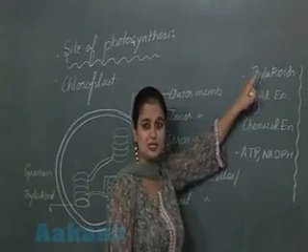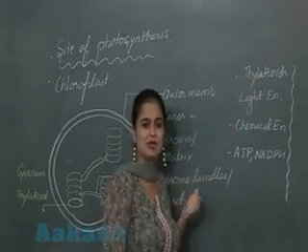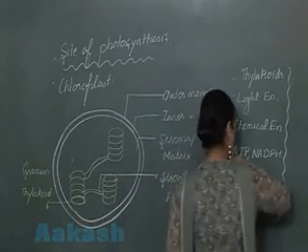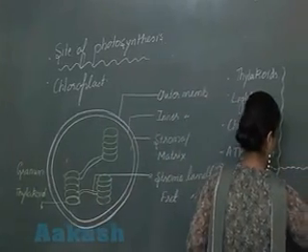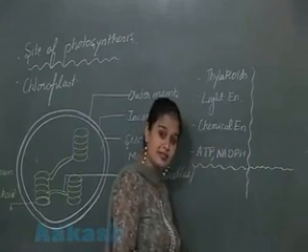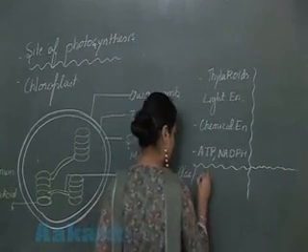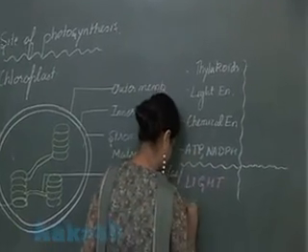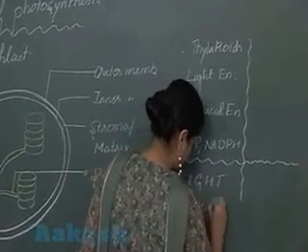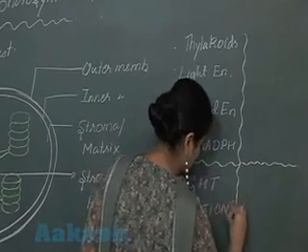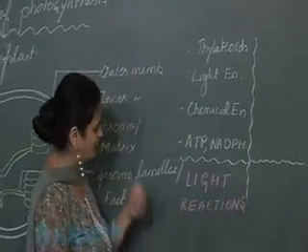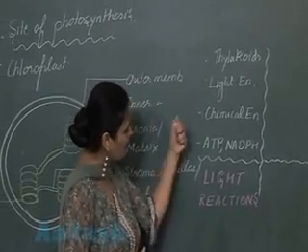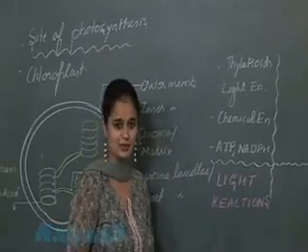ATP and NADPH are produced due to the light energy absorbed by the photosynthetic pigments present in the thylakoid. So this reaction which is occurring in the thylakoid membrane, which is directly driven by light, is known as light reaction. Or you can say the several reactions which result in the production of ATP and NADPH occurring in the thylakoid membrane represent light reactions.